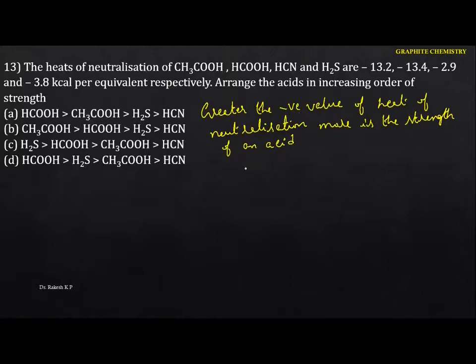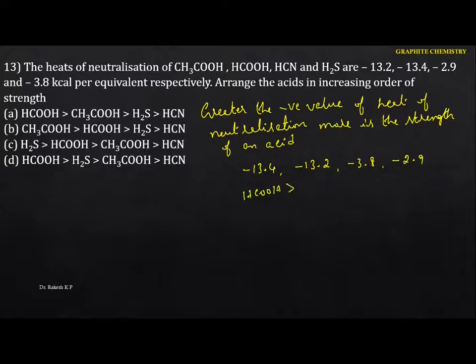The value we are having, that is minus 13.4, this is the more negative value. Next comes 13.2. Next comes minus 3.8. And the lowest value is 2.9. So 13.4 is for formic acid. Okay, so this is the strong acid.